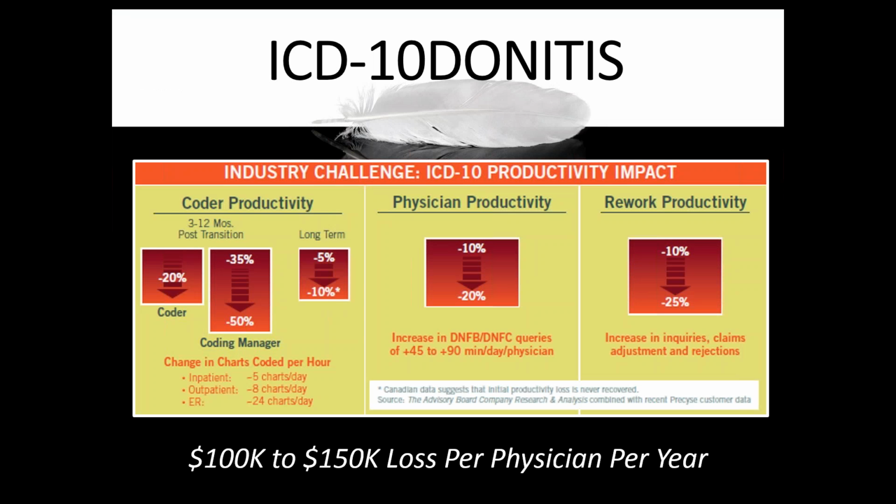If you want to get underneath those numbers and understand a bit more what happened there, you had coders, you had billers going back to the provider, saying, I need you to be more specific here. Can you tell me more about the disease stage? Can you tell me more about the etiology? Can you tell me more about the onset? And answering those back and forth questions took, on average, 45 to 90 minutes per doctor per day.